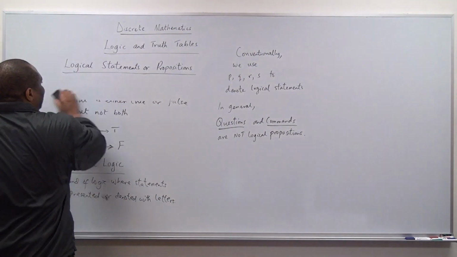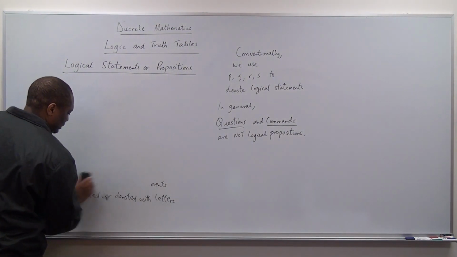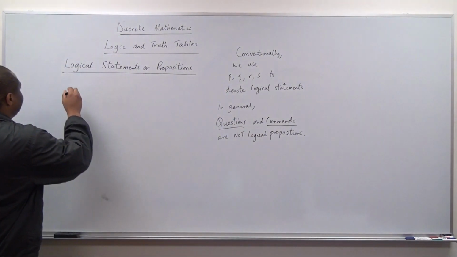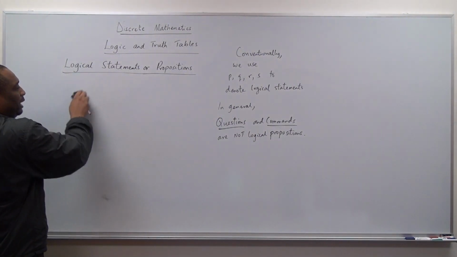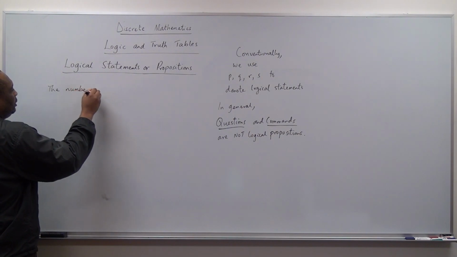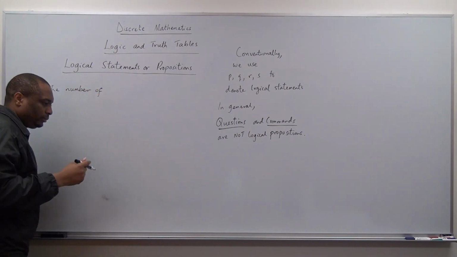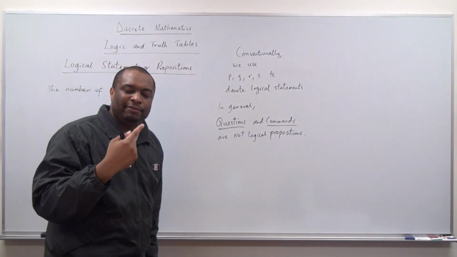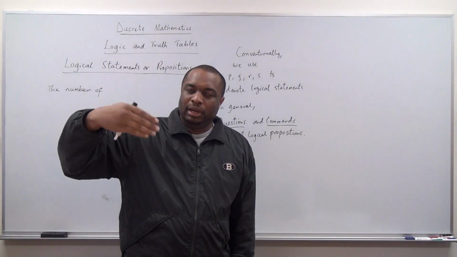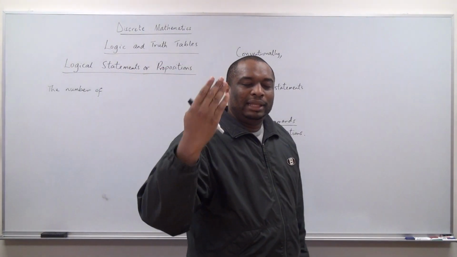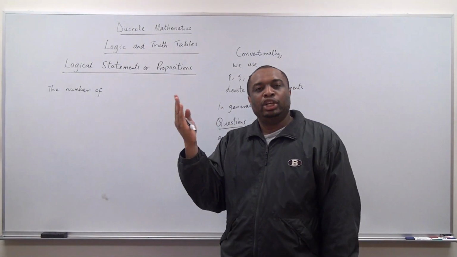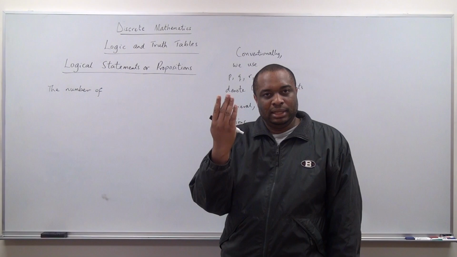So if we have only one statement, one proposition, that is P. Before I write this, I'll say that when you have one statement, the number of possibilities, how many truth values can you consider, is 2.